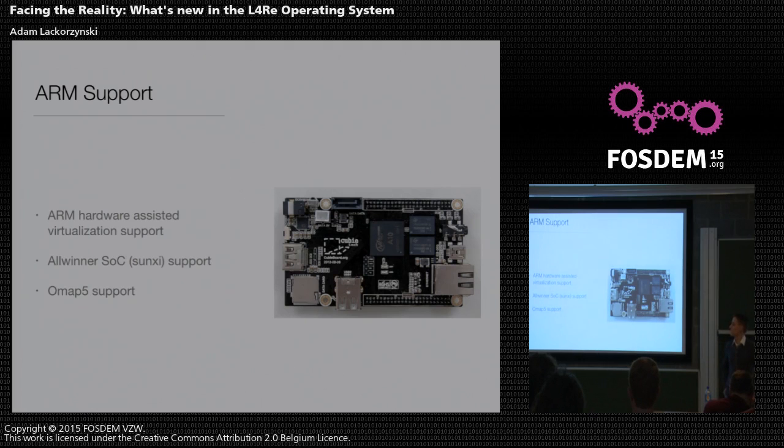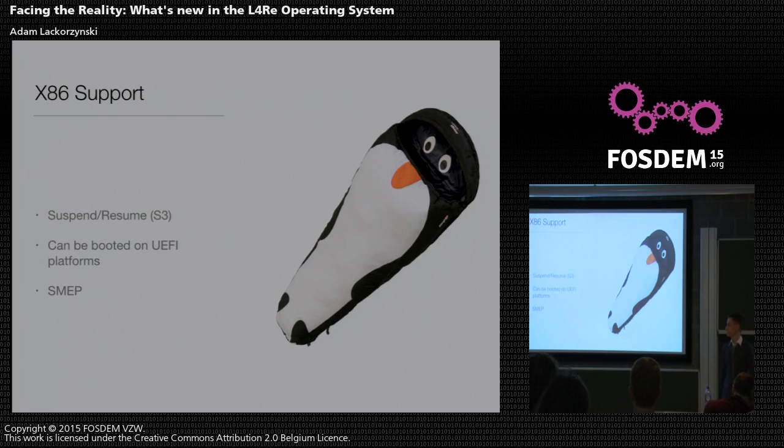So the Allwinner SoC, which is, for example, used on the famous CubieBoard, is now also supported, so you can use that board as well. And from Texas Instruments, we added support for the OMAP5, which also has these ARM hardware virtualization extensions. So that was added to Fiasco.